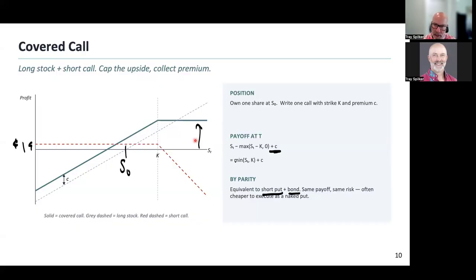And if you wanted, for example, to write a naked put, well, this position doing a covered call strategy might be cheaper to execute than actually writing a put. So something to keep in mind.